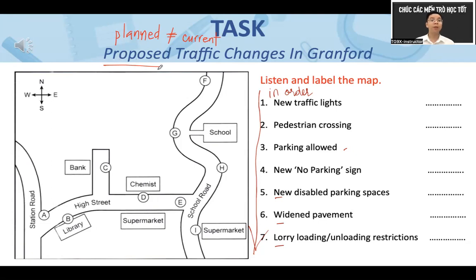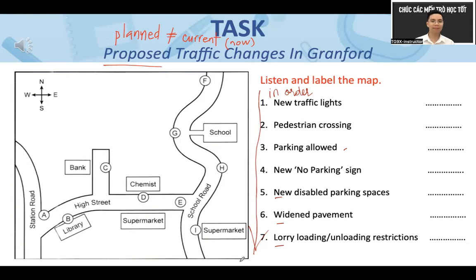Be careful, because normally the speaker talks about two situations. The current situation, it means now. And the proposed situation, which means in the future. You need to listen very carefully to choose the new place, the new location of these things.